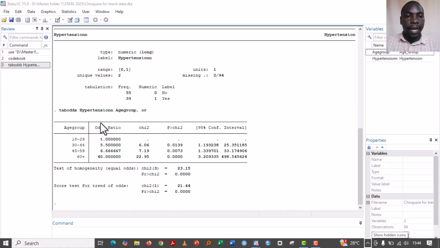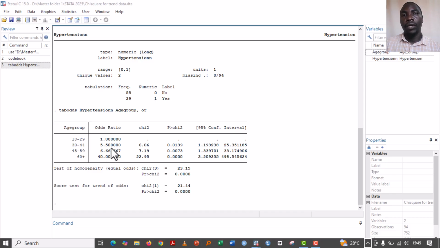In this table, we have got our ordinal independent variable with its different categories. Then we have the odds ratios for each of the categories, but you notice that the first category has an odds ratio of 1, indicating that it is the reference category. All these other age groups are being compared to it.